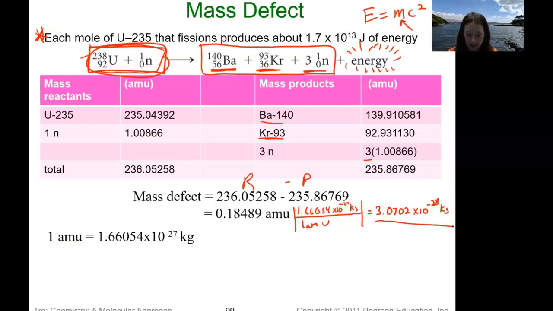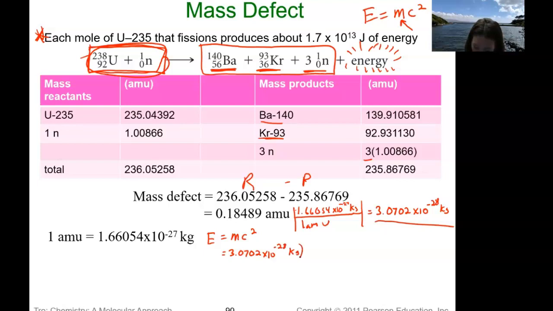Now I'm going to use Einstein. E equals mc squared. Here's my mass, 3.0702 times 10 to the negative 28th kilograms.